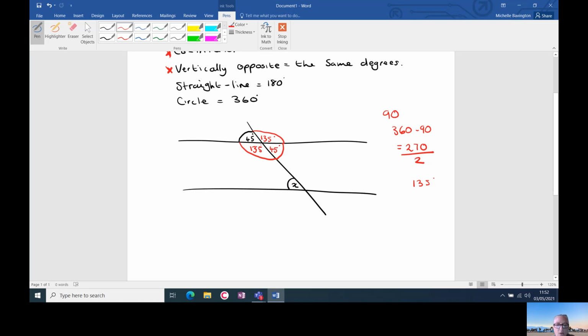Co-interior. Hold on. This is inside, look, it's inside this box. So that must equal 180. So 180 minus 135, X is 45 degrees.